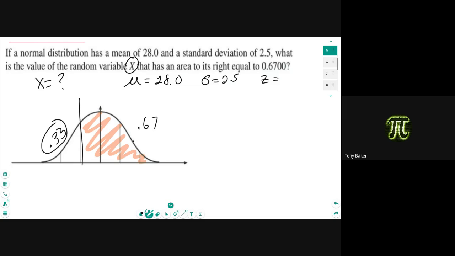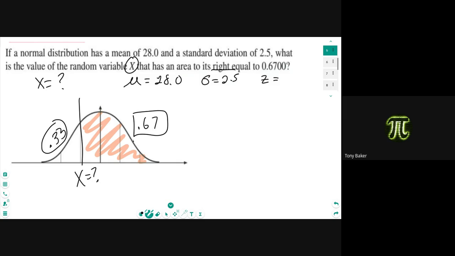Everybody understand why I'm looking for the 0.33? No isn't a correct answer. Like, it's fine. Okay. So the question wants to know what the value of x is at this point. It told me that to the right of it, so on this side, is 0.67. So I mean 67% on that side.